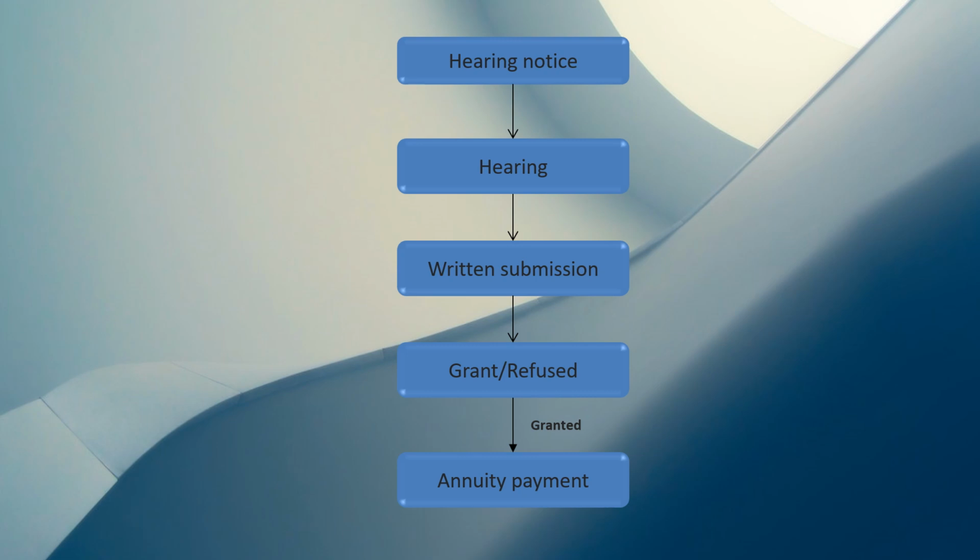Only if you pay that amount yearly will the patent be kept alive for 20 years. And once the 20 years are over, the patent actually expires and falls in the public domain. So this is basically the process of patent registration in India.